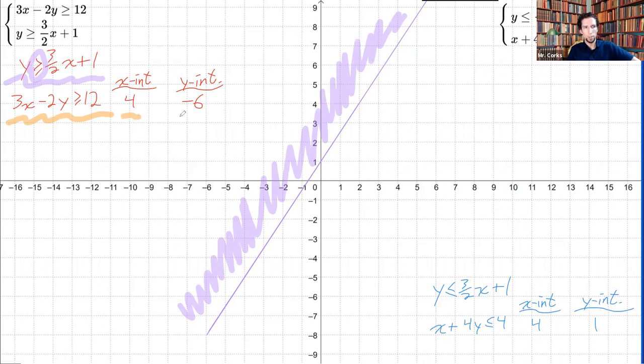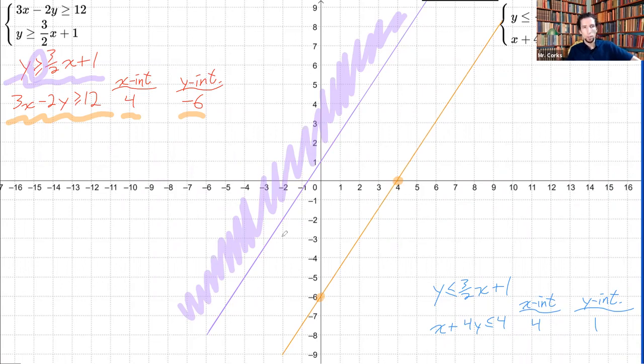We have the intercepts: x-intercept of 4, y-intercept of -6 will be here. And we'll graph that line, which will look exactly like this.